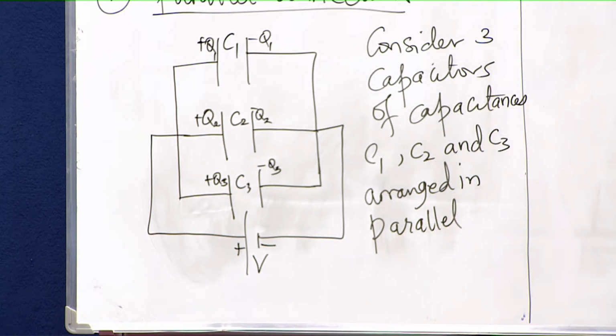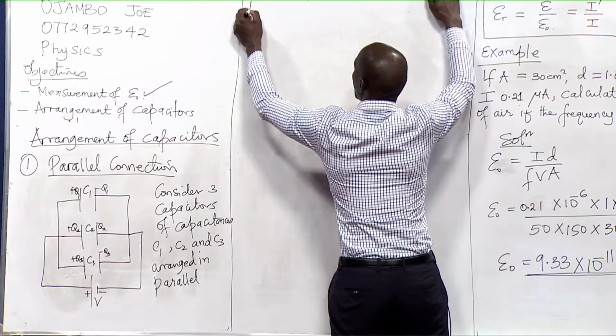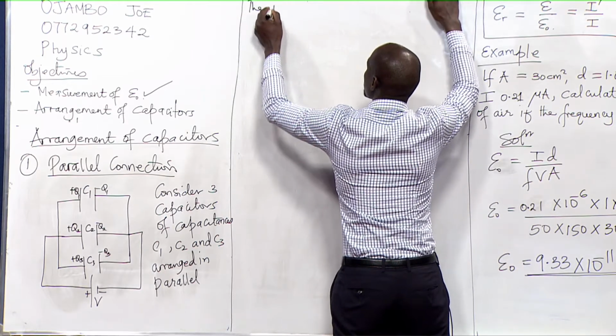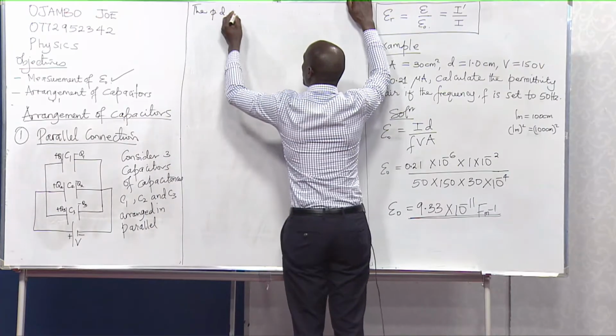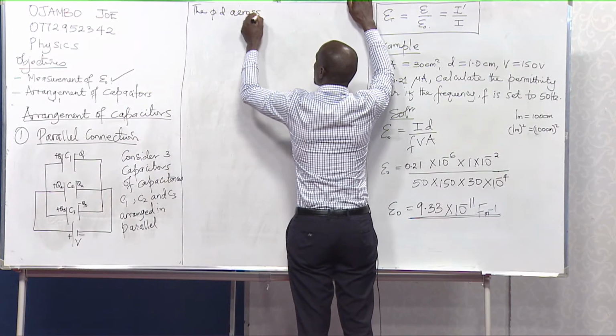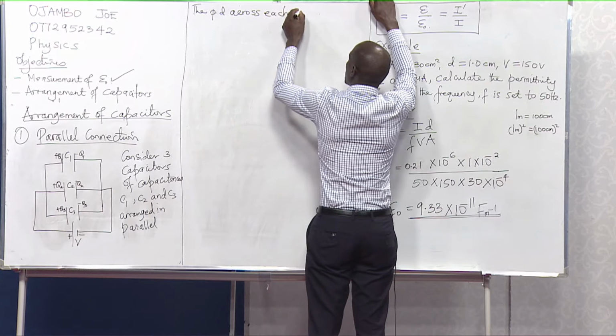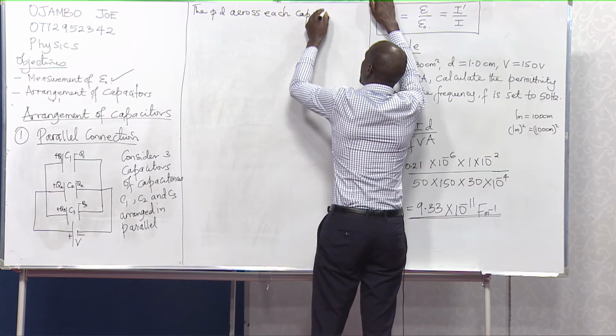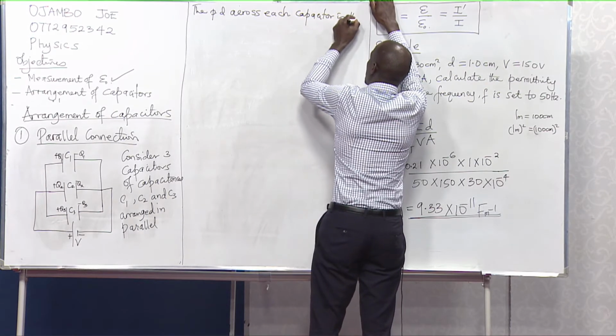Okay? We have discovered, or we have said that the PD across each is the same. The PD, that is the potential difference or the potential drop, across each capacitor is the same.